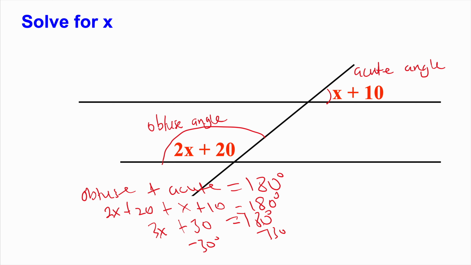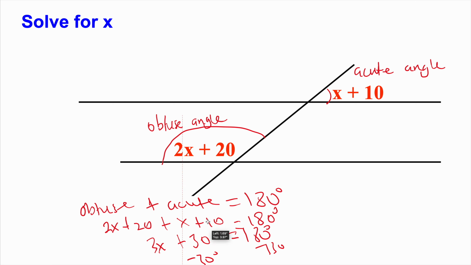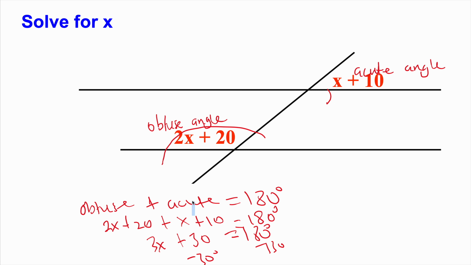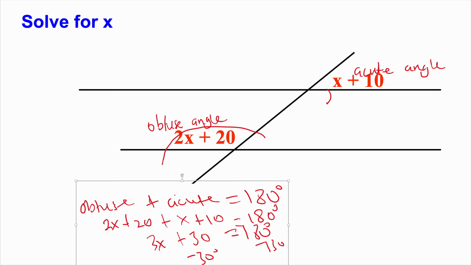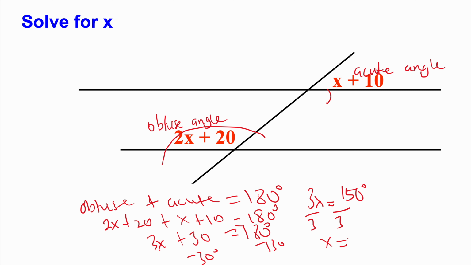You subtract 30 from both sides, and you are going to get 3x equal to 150. So you divide by 3, then you get x to be 50.